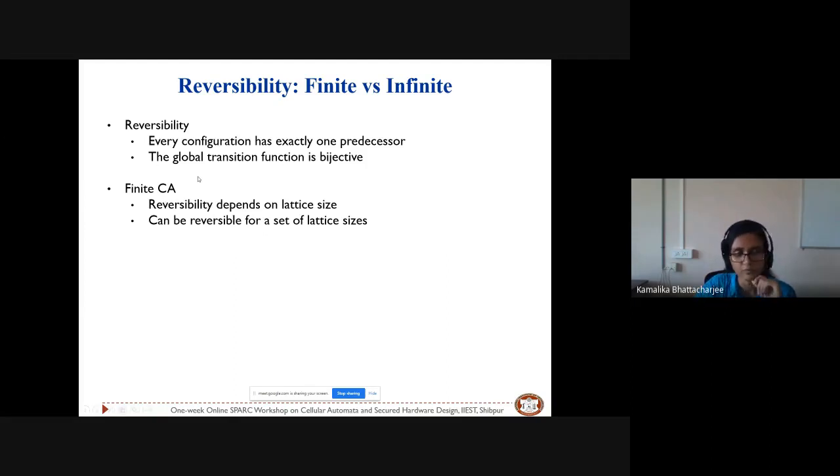And one CA can be reversible for a set of lattice sizes. For example, rule 51 is reversible if we take the set of lattice sizes as the set of natural numbers. For every n, this is going to be reversible. Whereas for infinite CA, this n is not there, so reversibility is dependent upon the rule only.